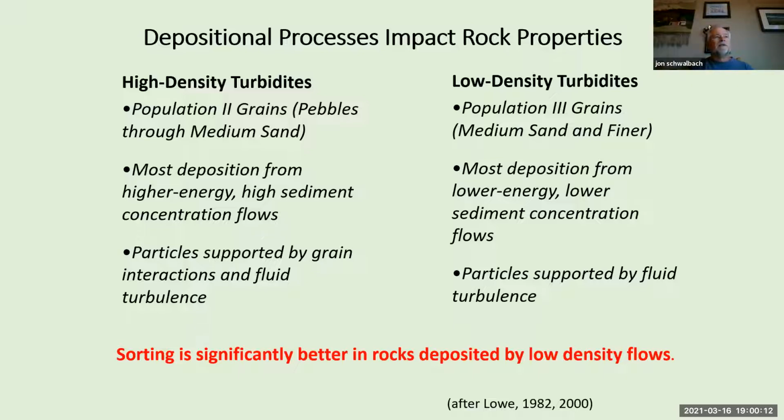That contrasts with the low density turbidites, again, smaller or finer grain sizes. But again, the big distinction is these particles are supported only by fluid turbulence in the flow, and therefore they become better sorted and actually have better reservoir properties in terms of porosity and permeability.